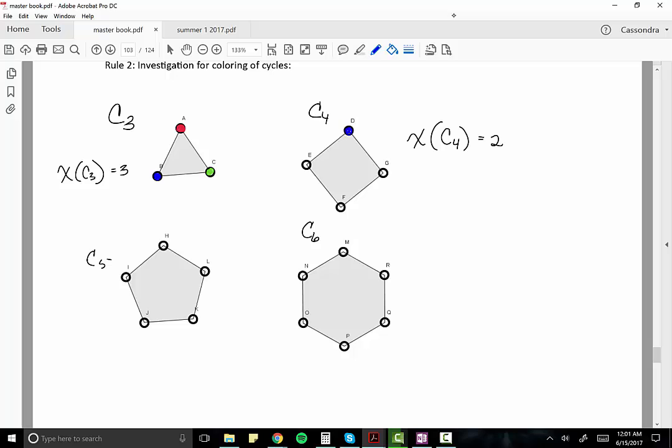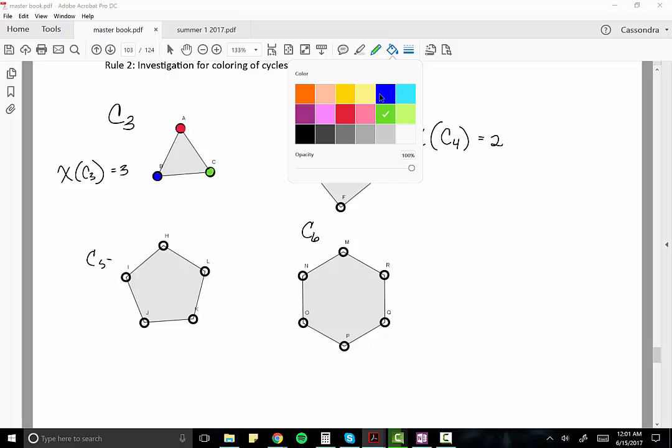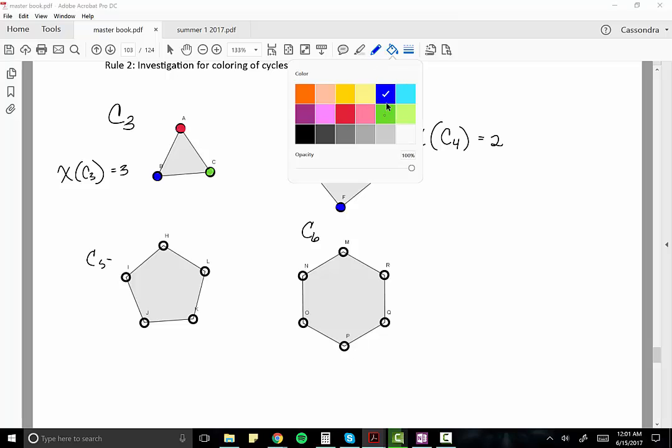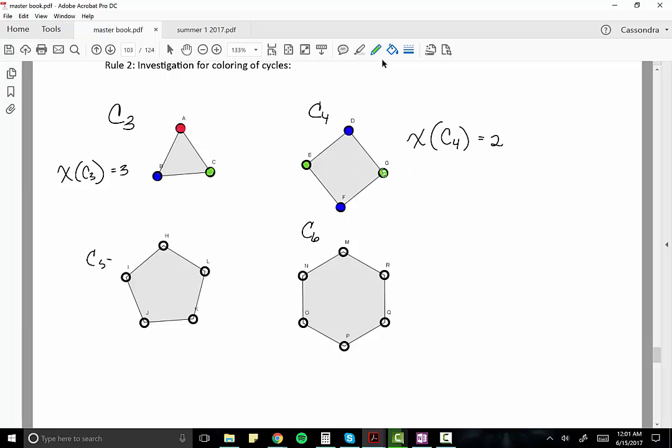So if D is blue, then E can be green, F can be blue, and G can be green. So if we look at C5, this is an odd cycle, so it's going to be 3 colors.